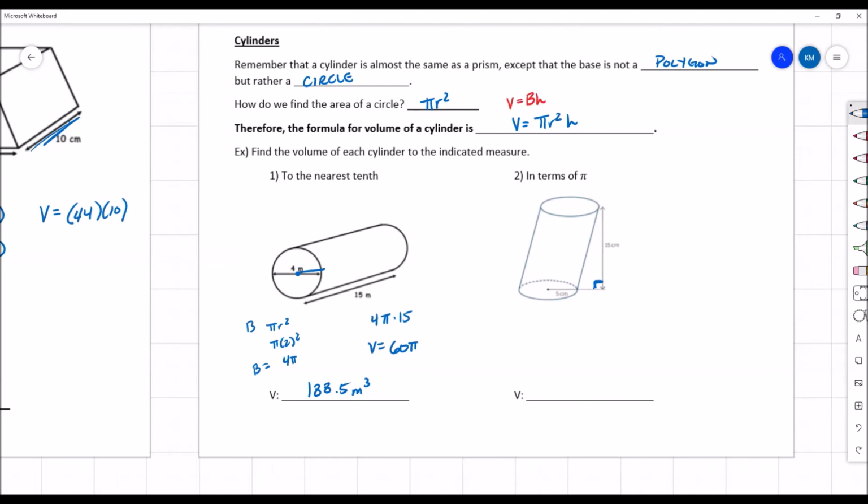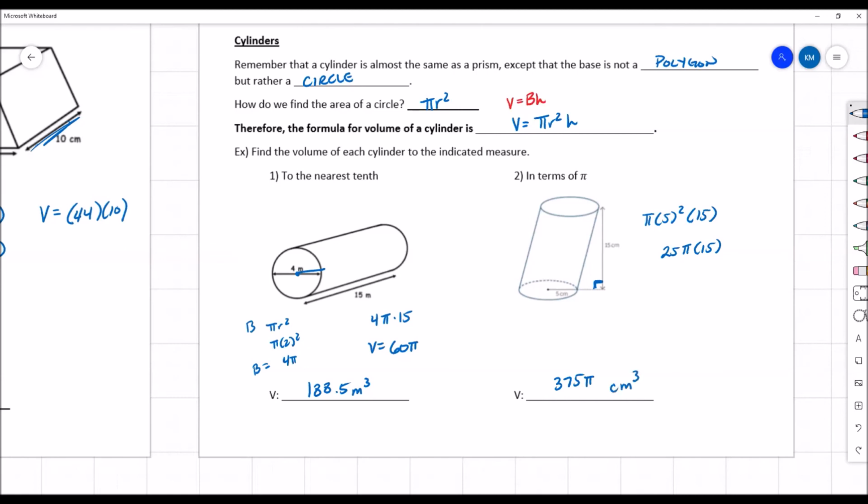Okay, and so since we have the radius of our figure, 5, we can just plug it into our formula. Pi times 5 squared times our height, which is given to us as 15. Okay, 5 squared is 25, pi times 15, and that will give us 375 pi centimeters cubed.